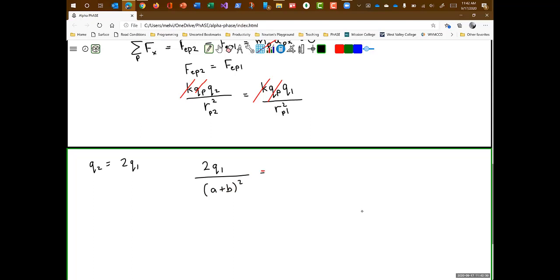And on the right side, we have Q1 over B squared. Oh, notice, Q1's on both sides. Guess what? We don't have to plug those in. This is one reason why I like to solve things in terms of variables, because when you finally do the algebra, you oftentimes have a much simpler expression.